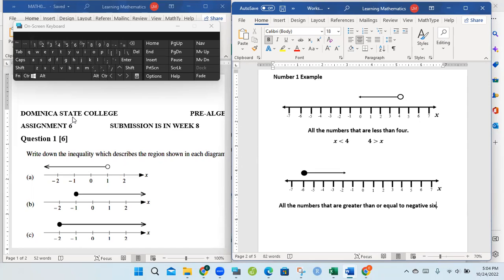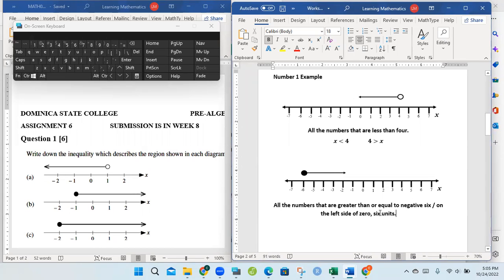So apart from saying -6, you can say 6 units towards the left side of 0. Apart from saying negative, you can say on the left side of 0, six units. So you can practice doing that.